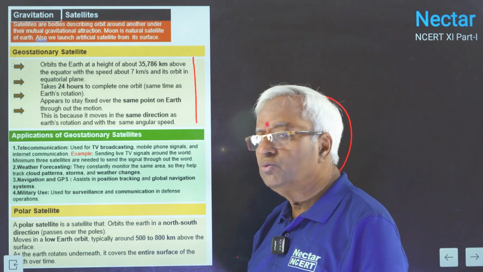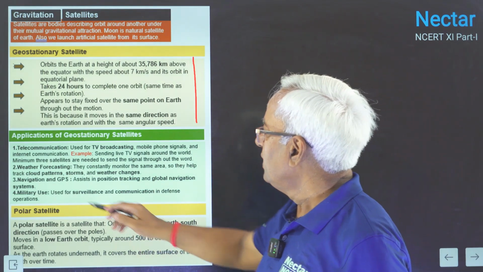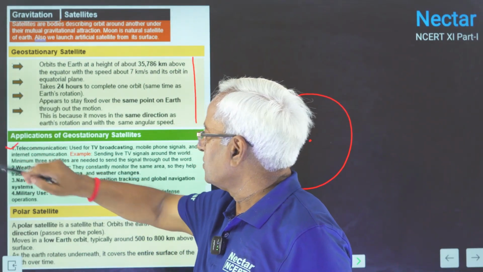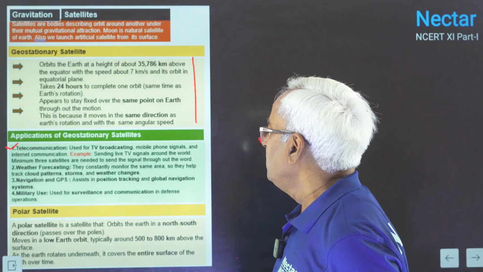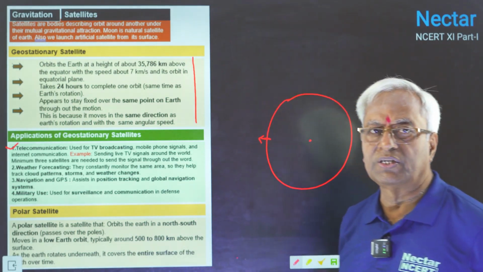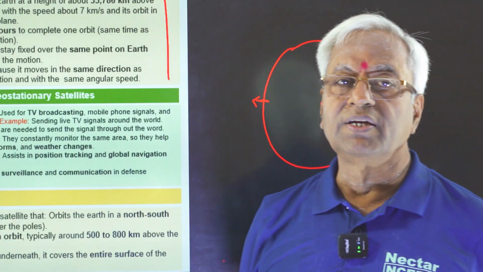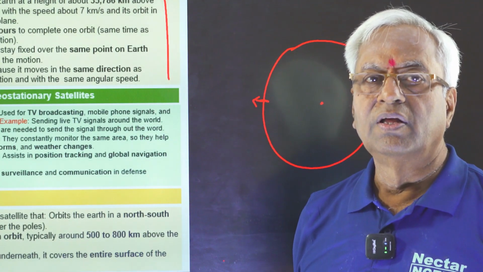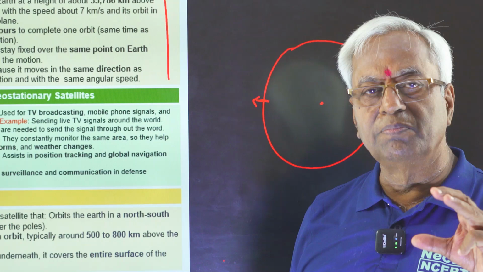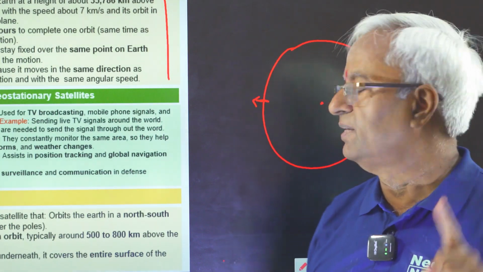Now, what are the uses? Telecommunication: this is used for TV, broadcasting, mobile phone signals and all that, to send the signal throughout the world. At the minimum, we need 3 satellites.